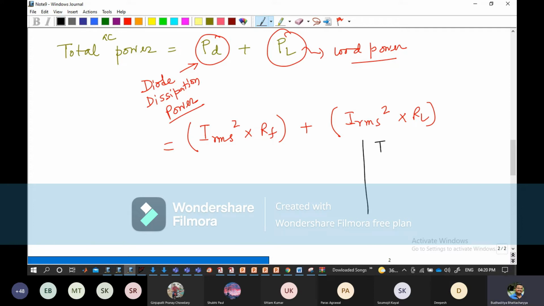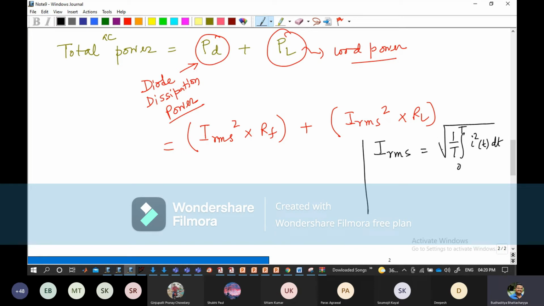So I RMS is equal to the square root of, not exactly the square of IDC, I would write the whole statement: 1 by T, integral 0 to T of i square dt. So this will be the equation actually.